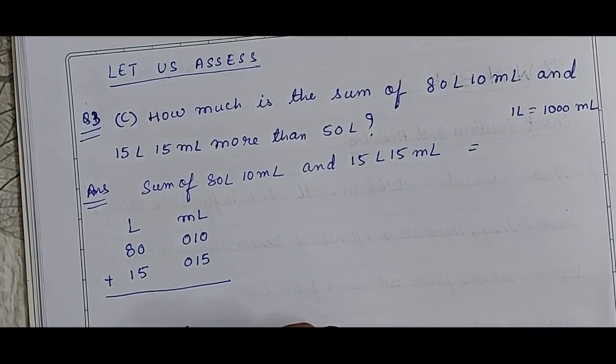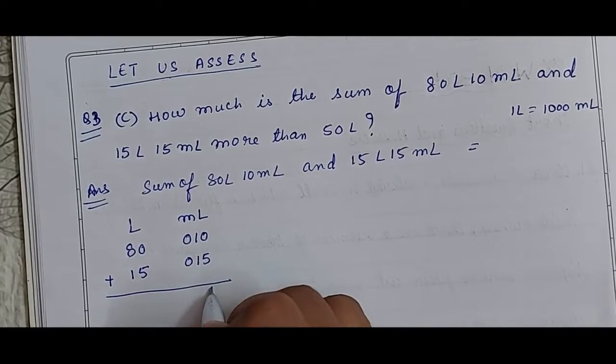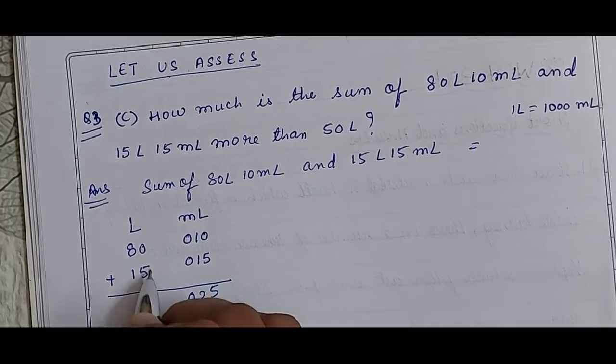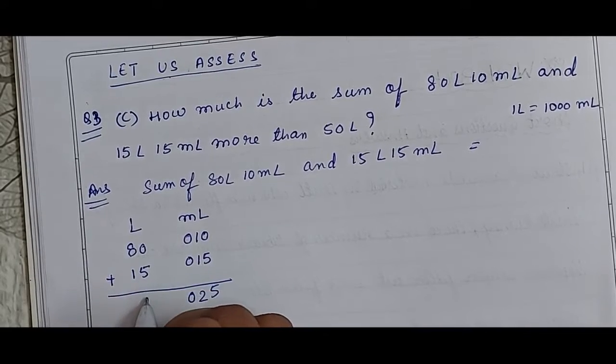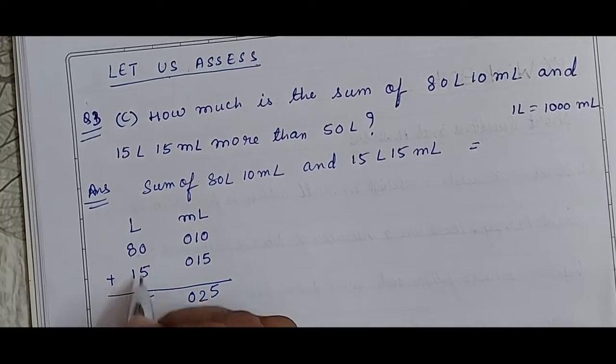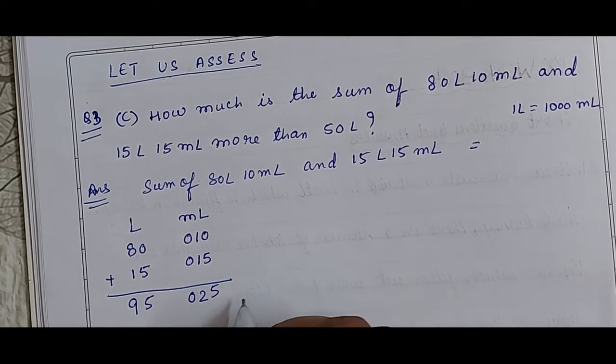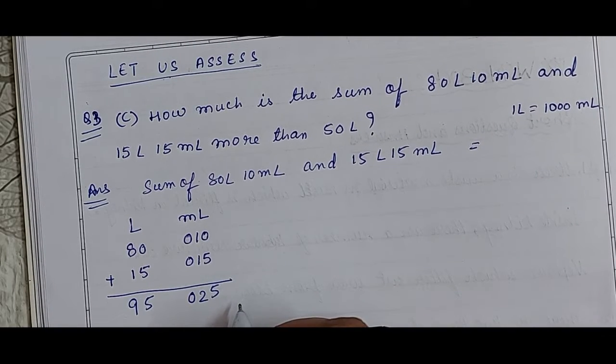What we will get? 0 plus 5 is 5, 8 plus 1, 9. 95 liters and 25 milliliters. Now you have to subtract it by 50 liters. Okay.